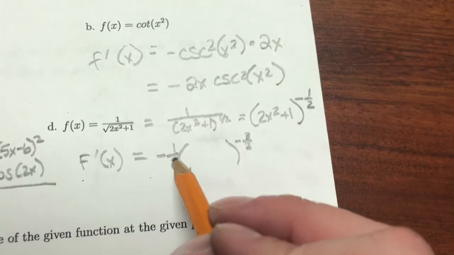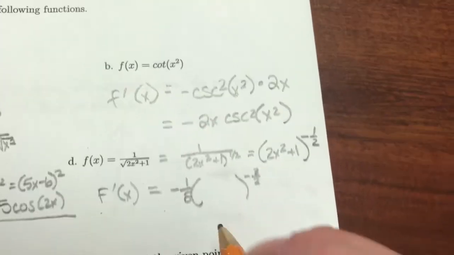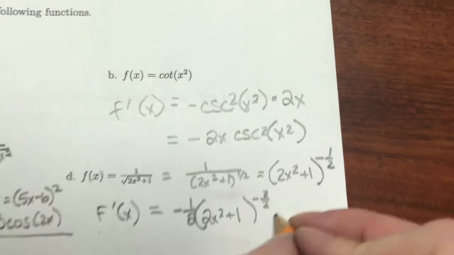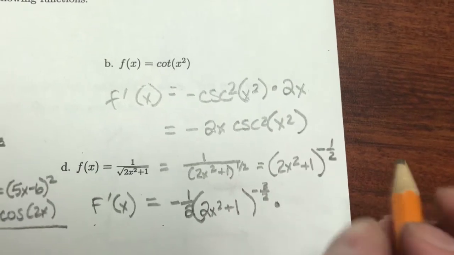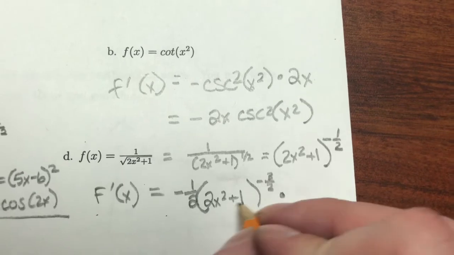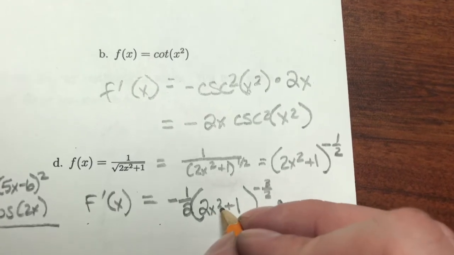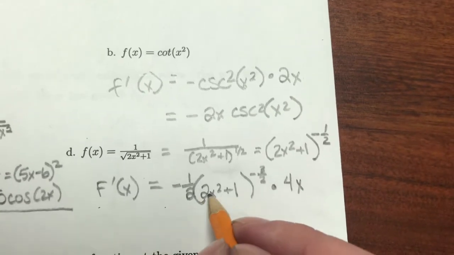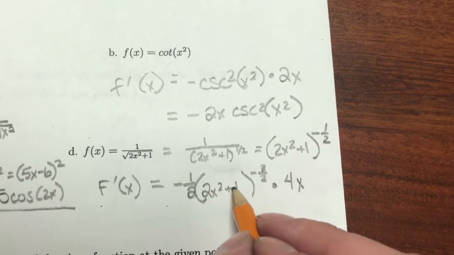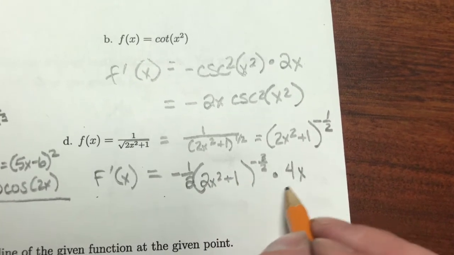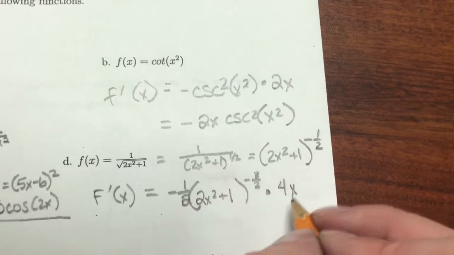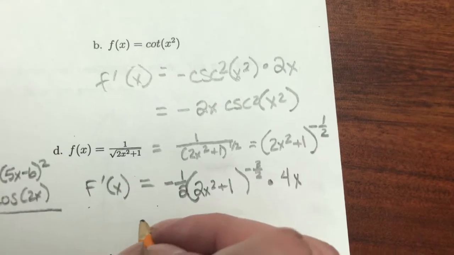So the derivative of the outside looks like that. Keep the inside and multiply everything by the derivative of the inside. So the derivative of the inside is going to be 4x. Drop down the 2, keep the x, that goes away. And when I simplify this, that 4 and that -1/2 becomes -2.